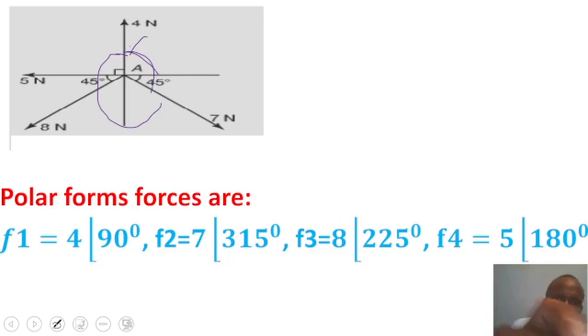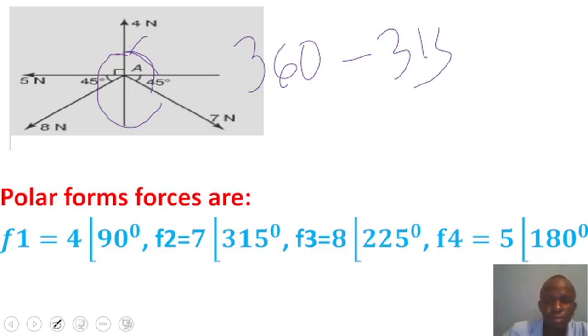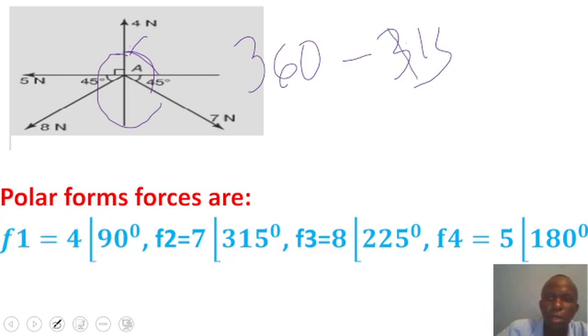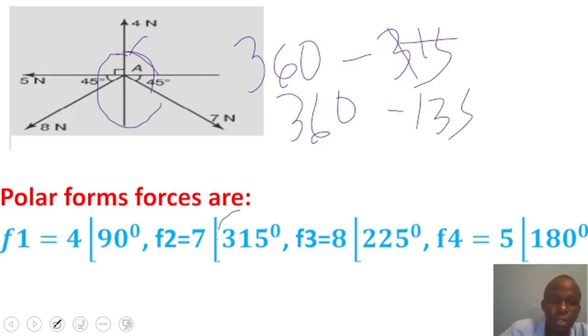So you are going to say 360 minus 135 to get 315. That's why 315 is coming in.